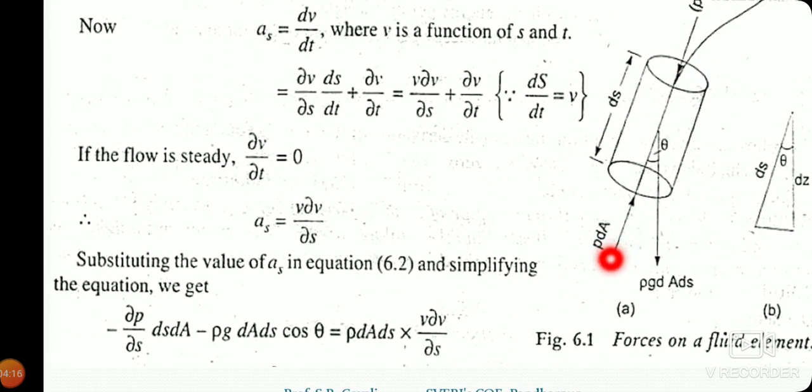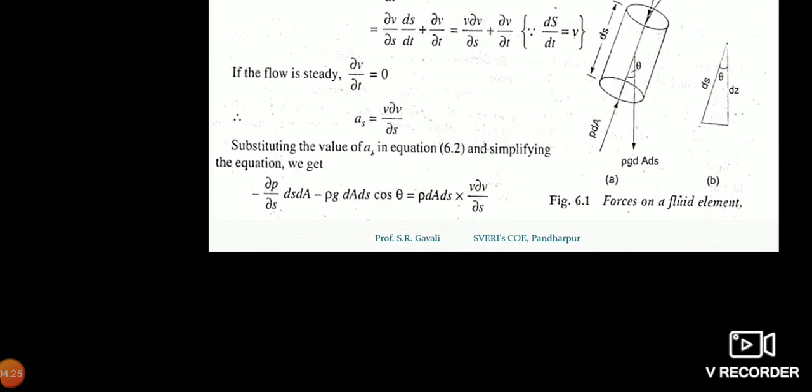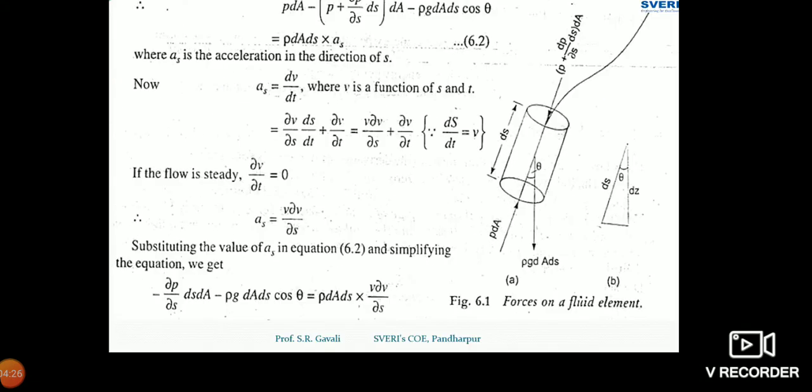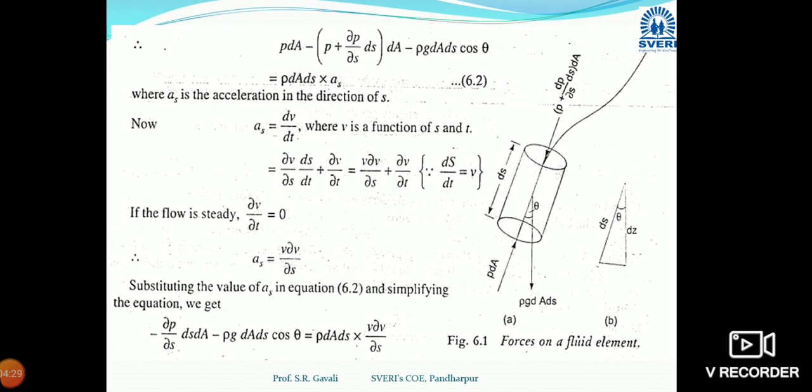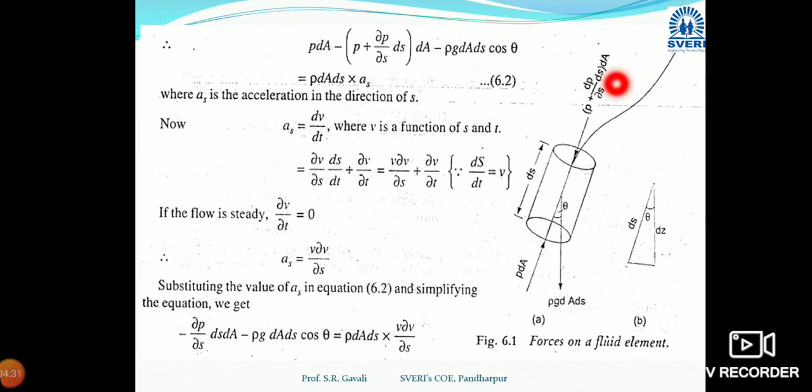The first force acting is P dA, and this force is acting in the direction of flow. At the opposite end, the force of magnitude P plus dou P by dou S into ds, into dA, is acting in the opposite direction of flow.